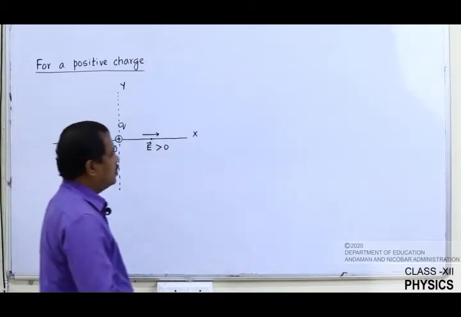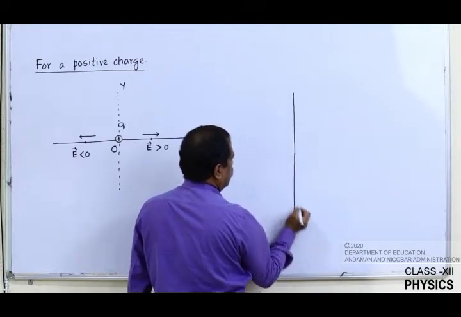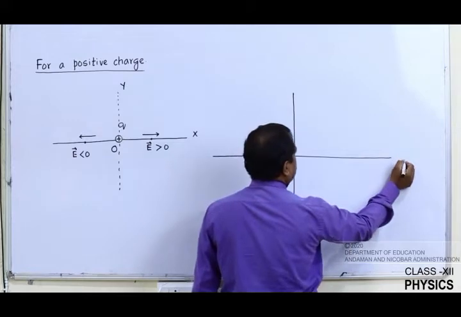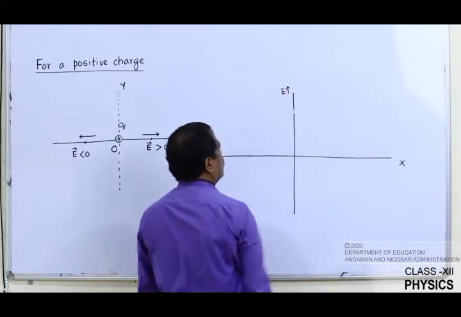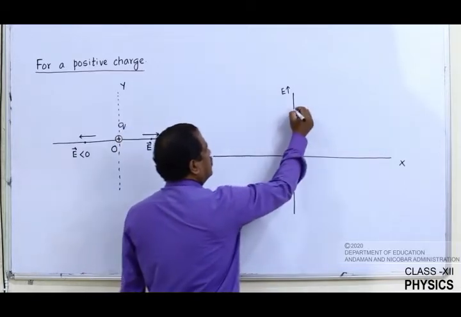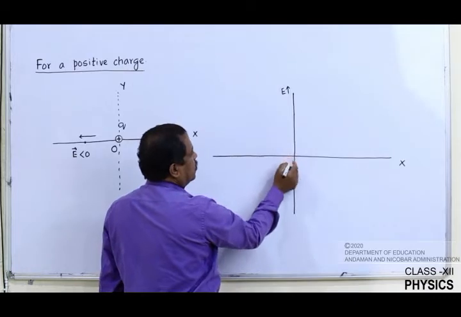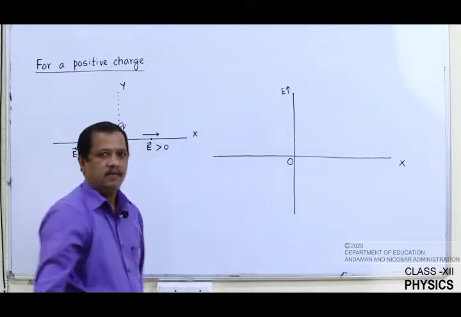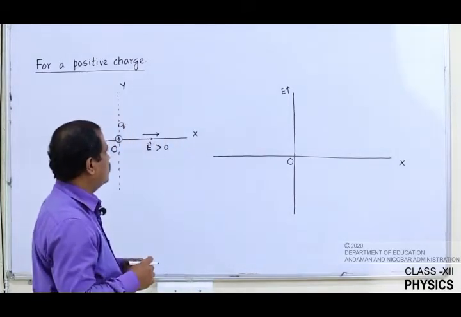Now, when I try to plot the graph, let me say this is distance and this is electric field. Since electric field is represented by the vertical axis, above the origin it will be positive and below the origin the electric field is in the opposite direction.